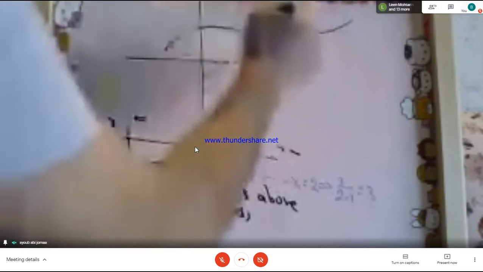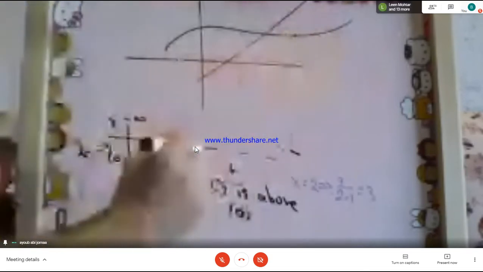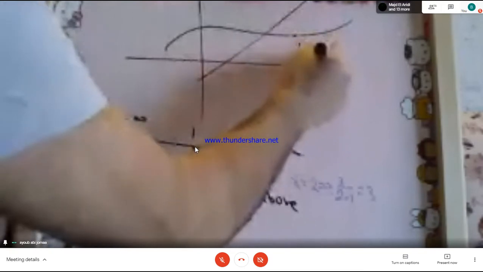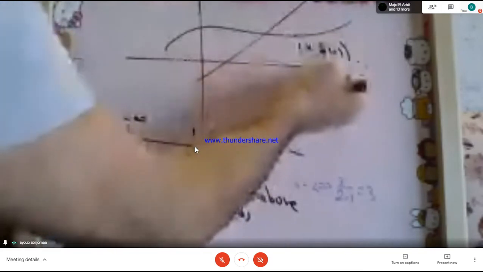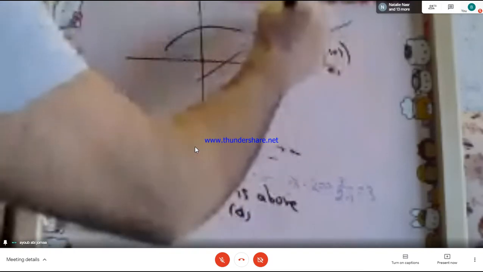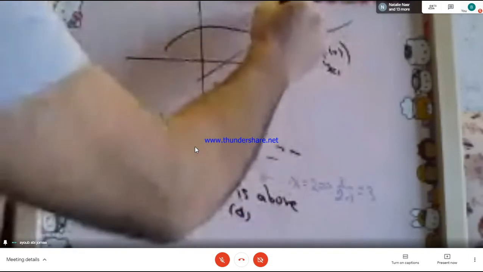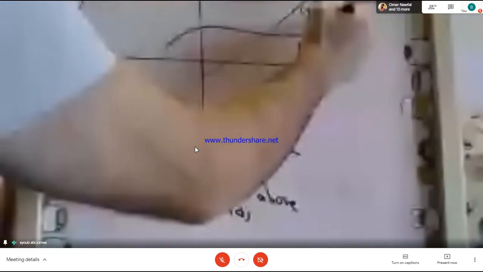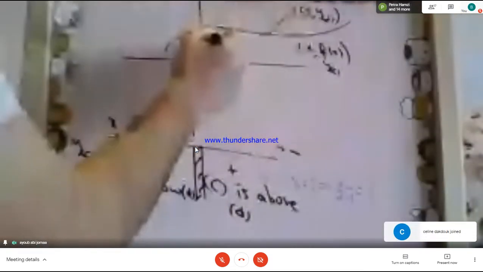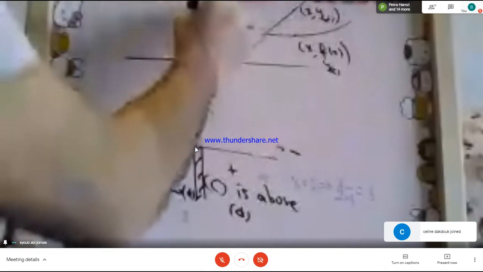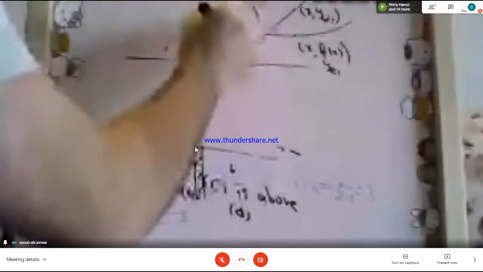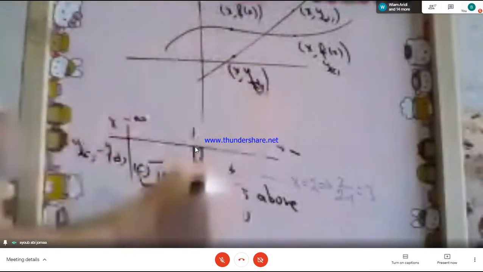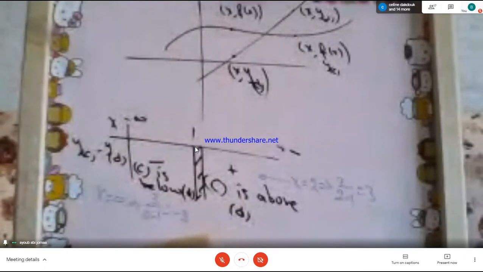Here is a point on the curve with coordinates x, f of x, which is yc, I mean this yc that I'm talking about. And here we have a point of coordinates x and y of the straight line d. Similarly here, let's take x, f of x, and a point here x, yd. Of course, not the same x.